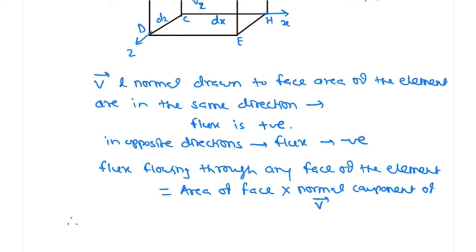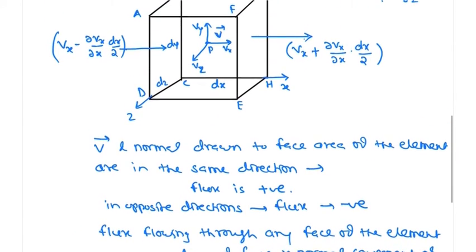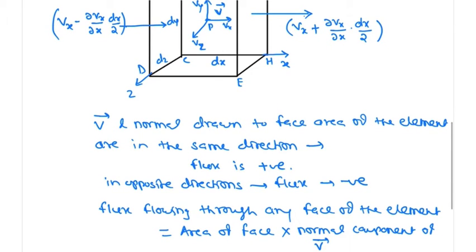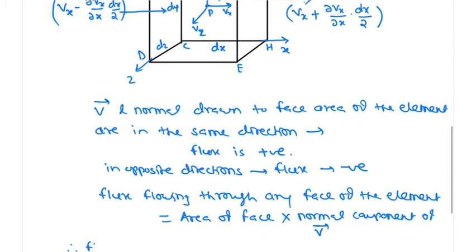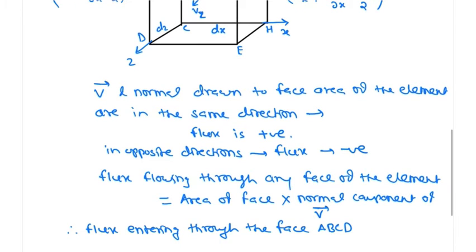now what is the flux entering through the face ABCD along the x-axis. Firstly, what is the area of the face ABCD?